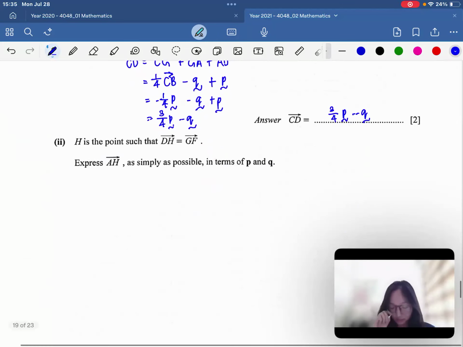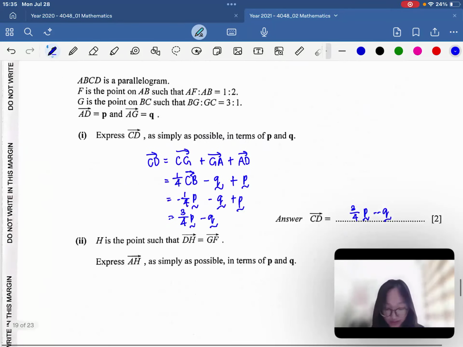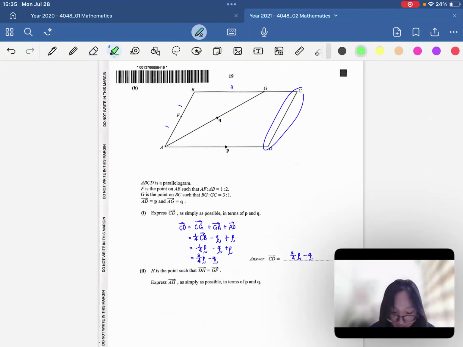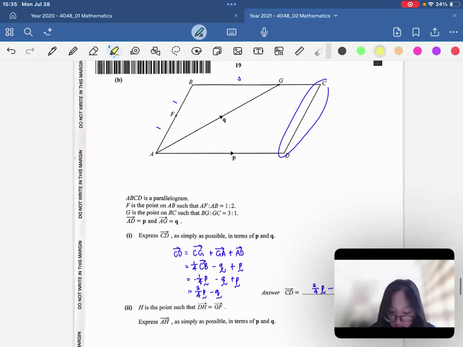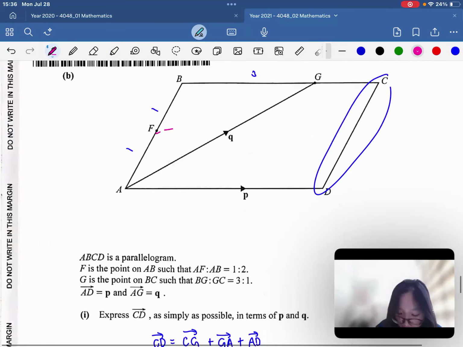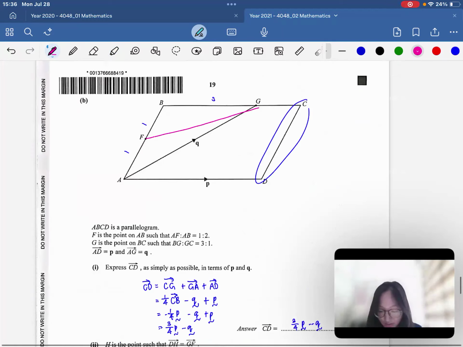Okay, moving on to part 2. H is the point such that DH is equal to GF. So GF, we're going to imagine it, and DH.